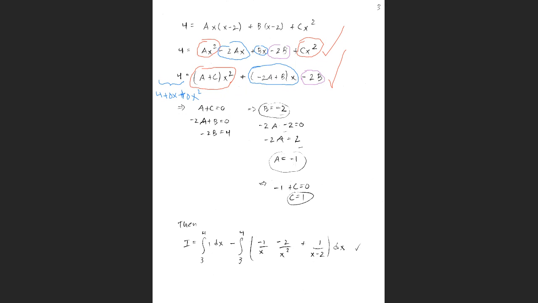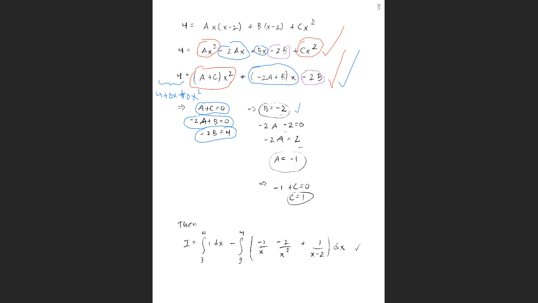And so matching the coefficients on the left and the right-hand side of this equation would give you that a plus c would have to equal 0. Negative 2a plus b would have to equal 0. And negative 2b would have to equal 4. So immediately b equals negative 2.